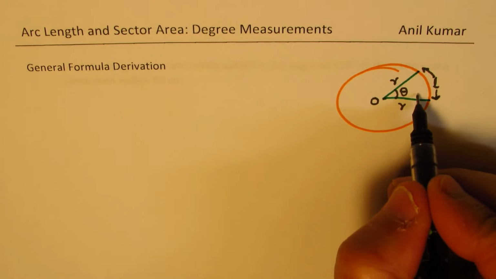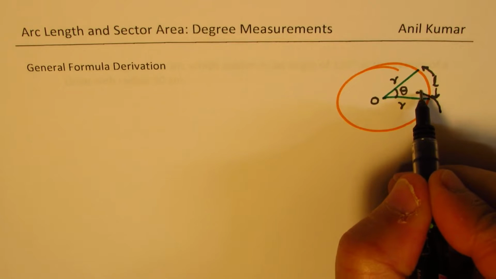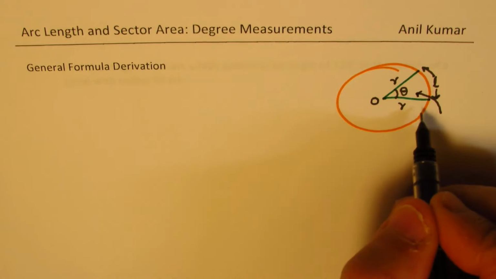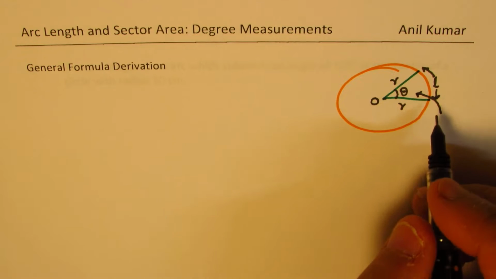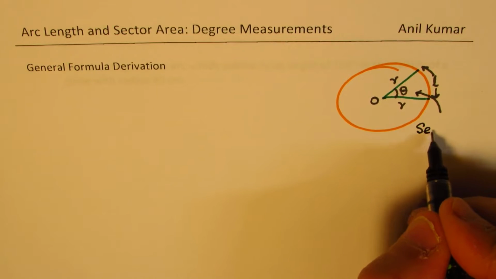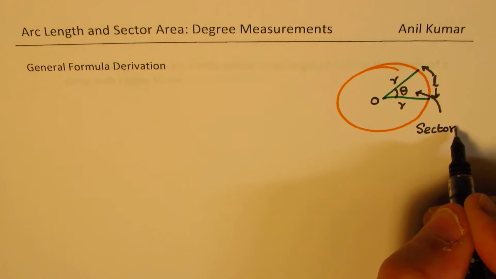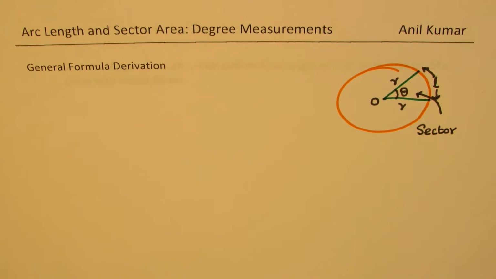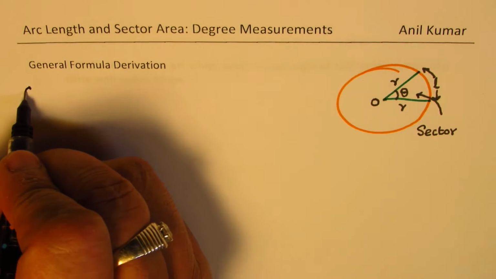And the portion here, which, let's say if you cut it off, we call this area as a sector. So in this video, we are going to relate all these things mentioned here. The relation is kind of simple. Let's begin with a circle itself.